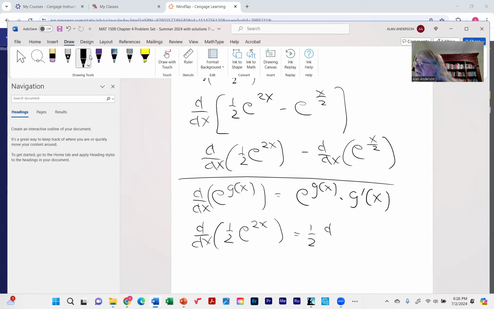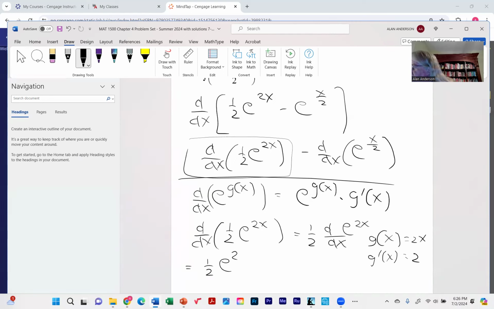It's usually a good idea to get constants on the outside because they tend to be distracting and make it harder to see what we're doing. So in this case, g of x would be 2x and g prime of x would be the 2. So this term by itself will be 1/2 e to the 2x times 2, which means e to the 2x.